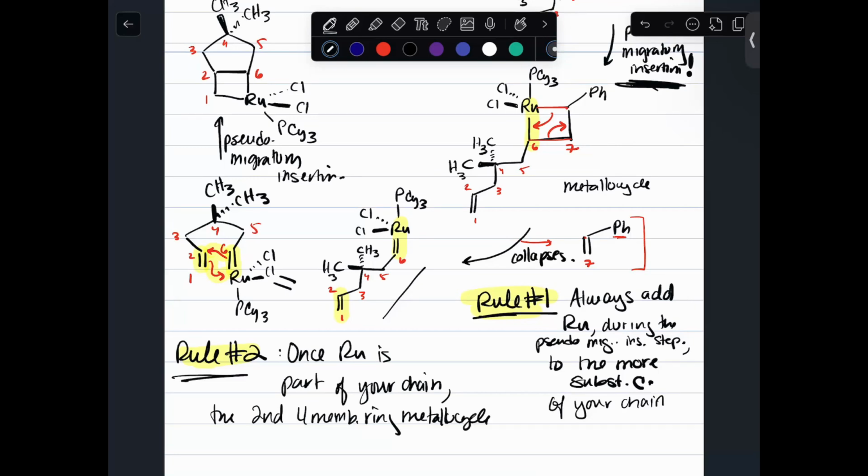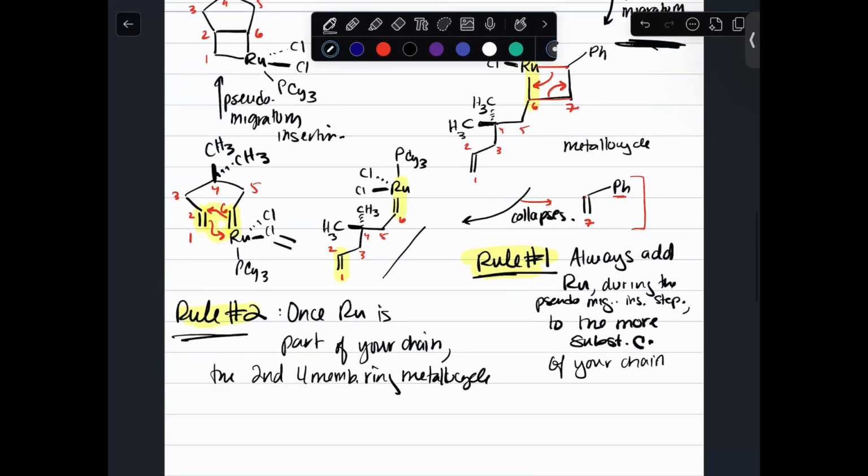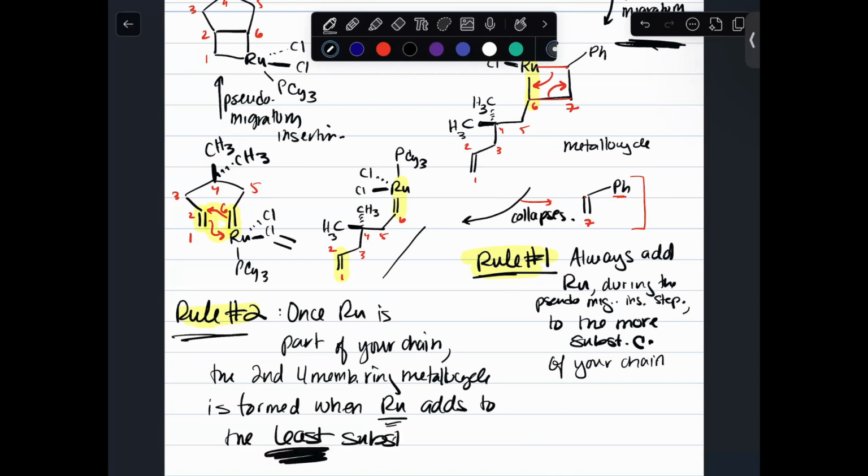It's a cyclic structure with a metal in it, is formed when ruthenium adds to the least substituted carbon. Notice how it's bonded to carbon 1, the least substituted carbon. Do you see that? So the first step, it adds to the more substituted carbon so it can become part of your chain. Now that it's part of your chain, it adds to the least substituted carbon.